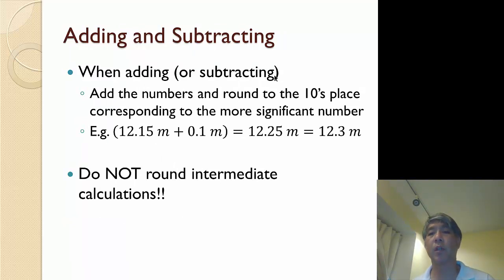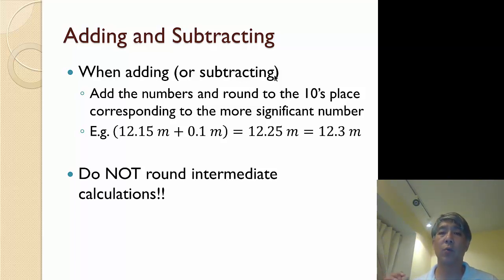But when I add numbers, I round to the tens place corresponding to the more significant number. So for example, I have the numbers 12.15 plus 0.1 meters. Okay, 0.1, I'm not counting how many significant digits. Okay, yes, 12.15 has 4, 0.1 has 1.